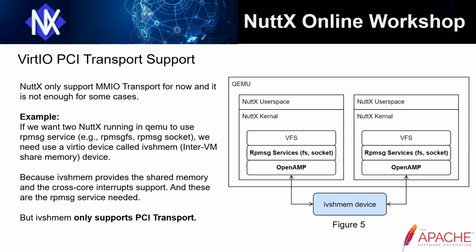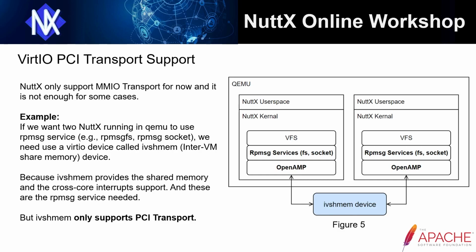The first future work is the VirtIO PCI transport support. NuttX only supports the MMIO transport for now, but that is not enough for some cases. The right figure shows an example. If we want two NuttX instances running in QEMU to use the RPMsg service, for example, the RPMsg file system or the RPMsg socket, we need to use a VirtIO device called the IVSHMEM (inter-VM shared memory) device.